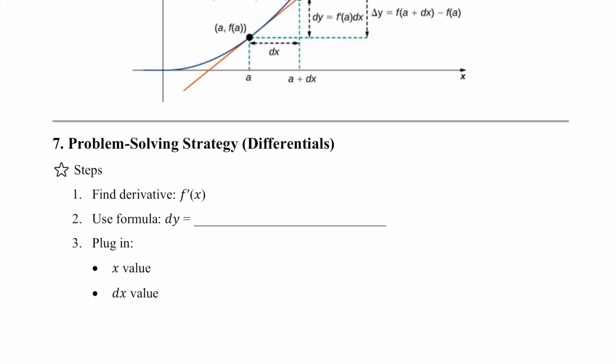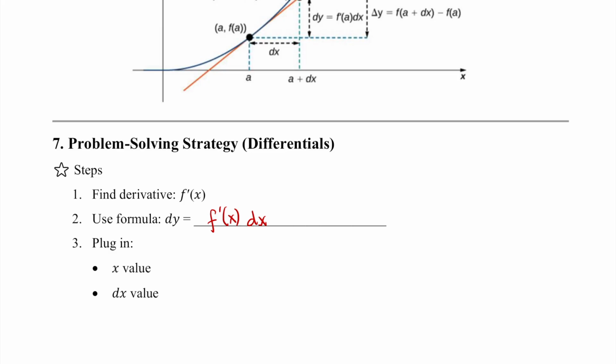Now, let's talk about how to actually use differentials in problems. Step 1, find f prime of x. Step 2, use the formula dy equals f prime of x times dx. Step 3, plug in the value of x and the value of dx.